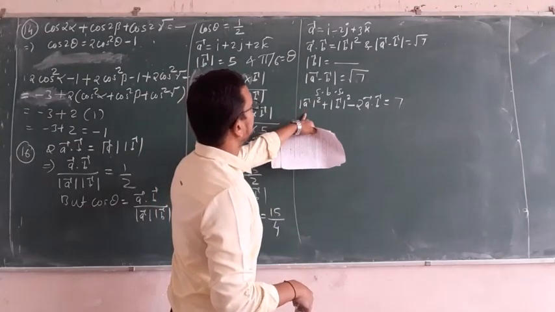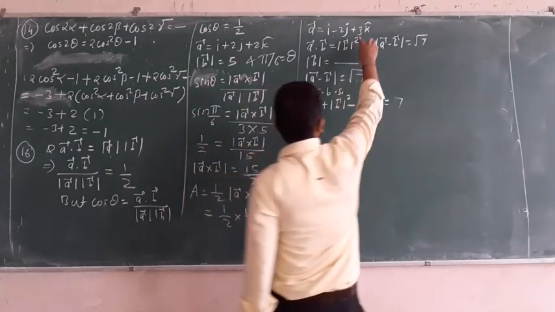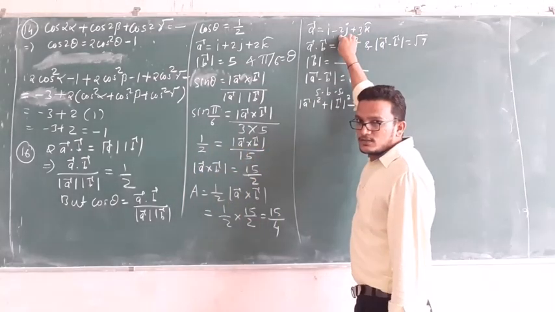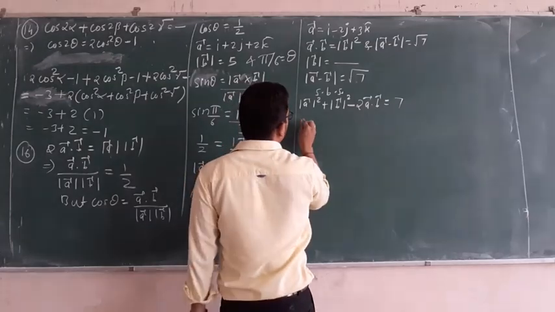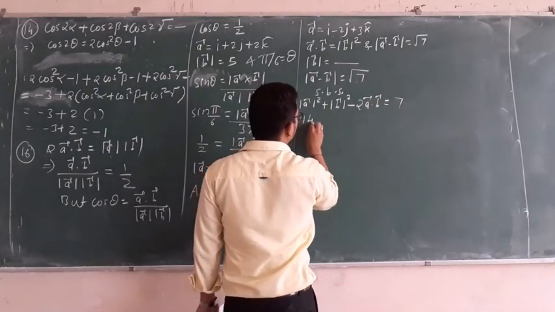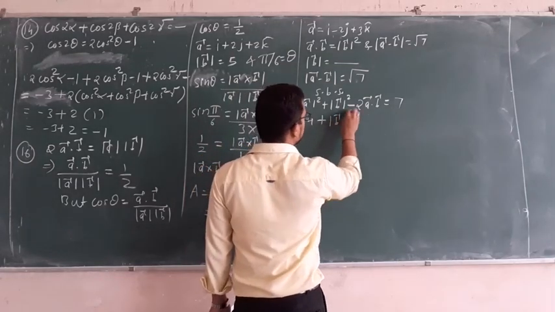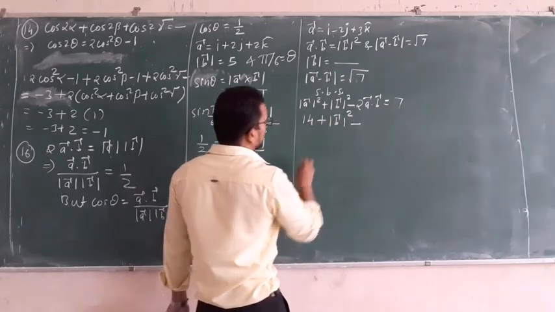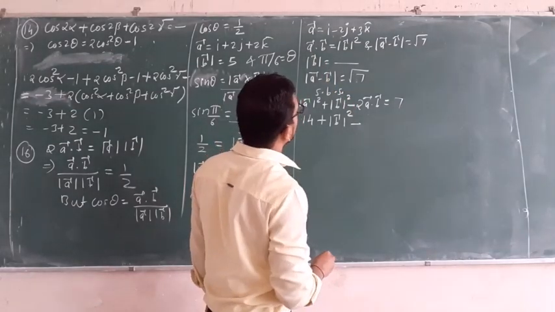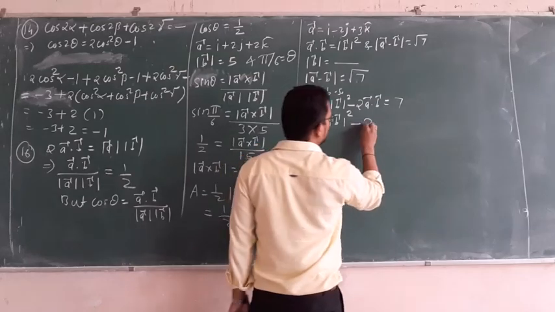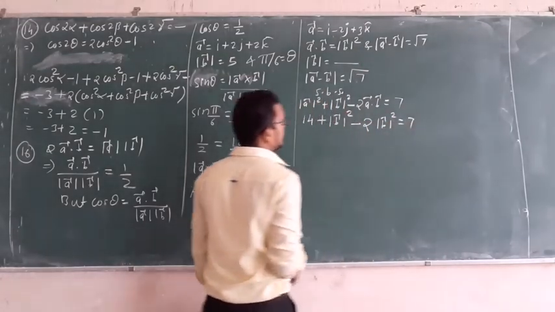What is magnitude of A? Vector A is given, so what will the magnitude be? This is 1 plus 4 plus 9, which is 14, so magnitude of A square is 14. Plus magnitude of B square, which we have to find, so keep it as it is, minus 2 A dot B. A dot B is magnitude of B square, so 2 as it is, times magnitude of B square, is equal to 7.